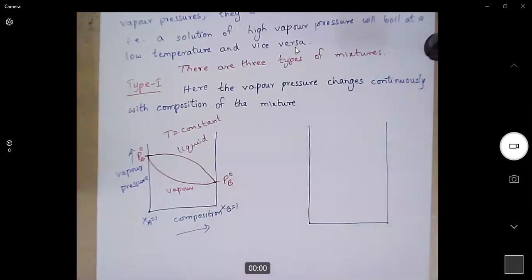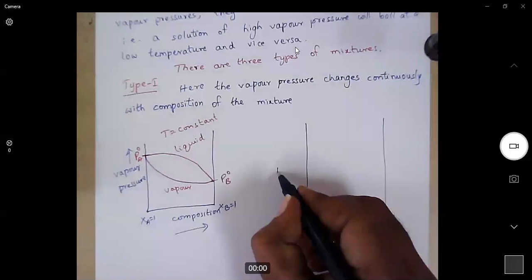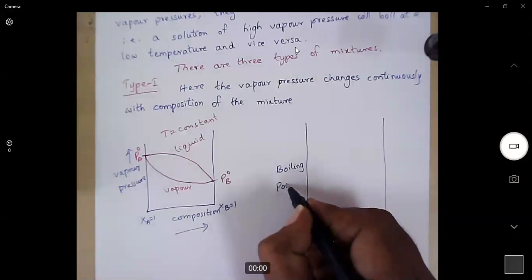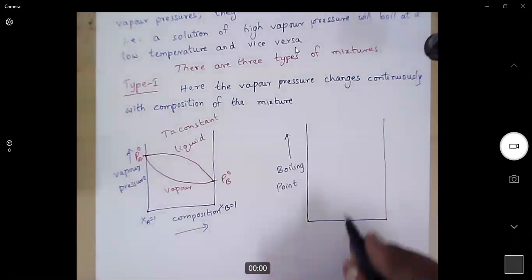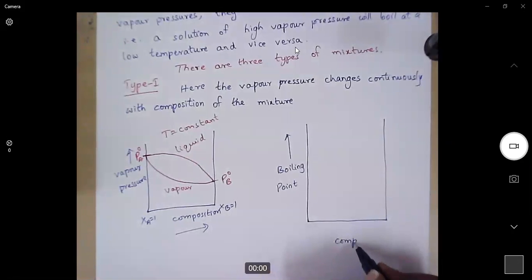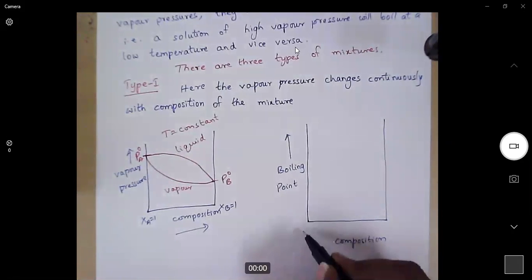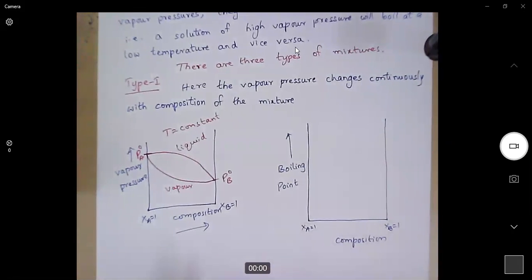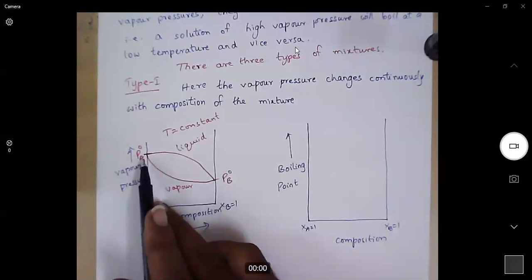Now we will look at the boiling temperature or boiling point composition curve. Here we have pure A, here we have pure B. Now the vapor pressure of pure A is very high.